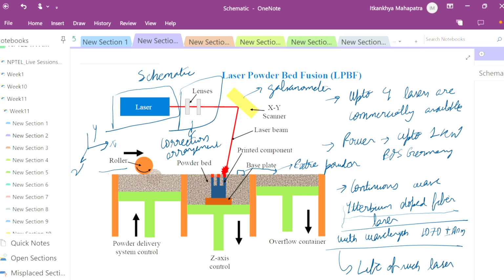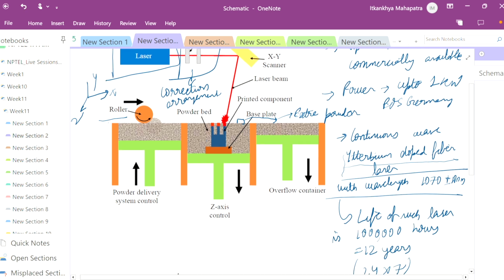Now the roller is of different types, like blade.